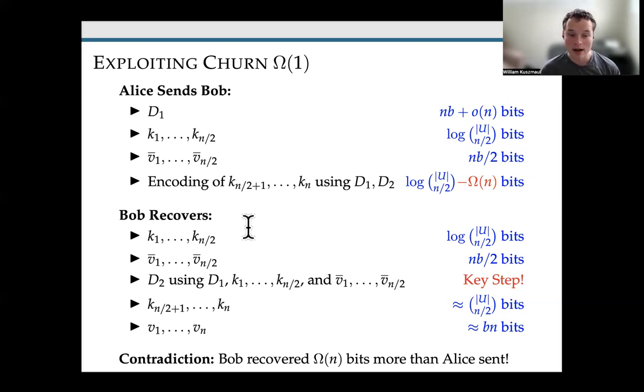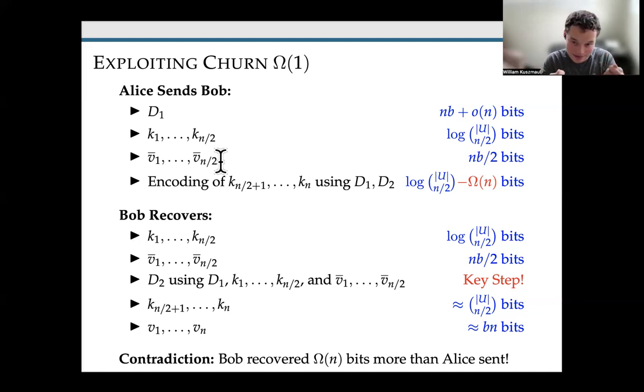And so this is where Bob is actually going to exploit the fact that this is a dynamic data structure. So he can take D1, which was sent to him, as well as the values of the keys whose values need to change, along with their actual values. And Bob can now actually manually perform the edits to D1 that need to be performed in order to get to D2.